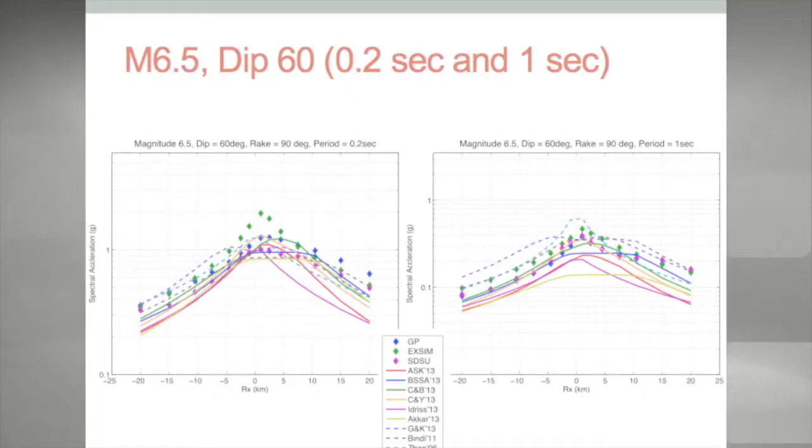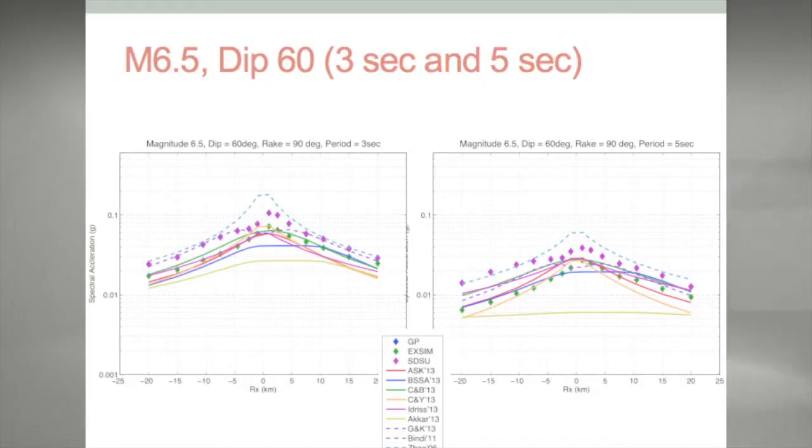I threw in a couple of dips of 60 degrees just so that everybody can get an idea, because I know that most of the GMPEs were pretty well constrained with the magnitude 6.5 at 60. This is just to give you a quick idea. This is for the 0.2 seconds and 1 second. So the GMPEs are actually much lower than the simulations. As you're coming up the footwall, you can see that we're needing a much steeper slope on the footwall in order to get up into the range, where the simulations are a little bit flatter as you're coming up the footwall.